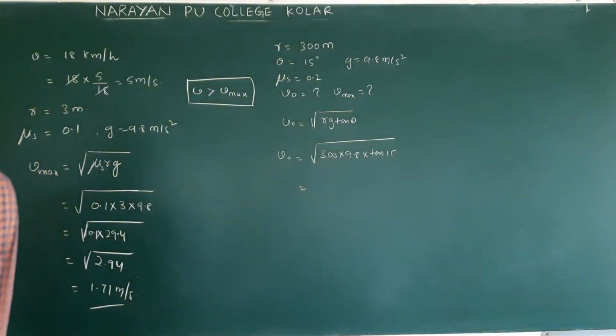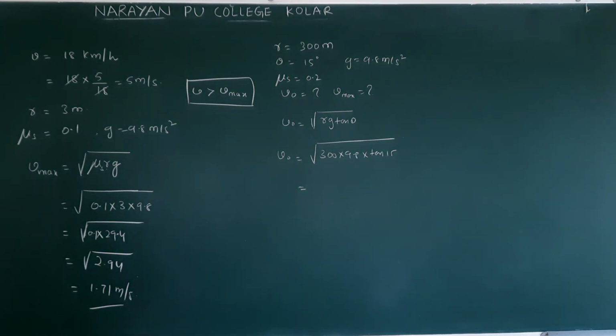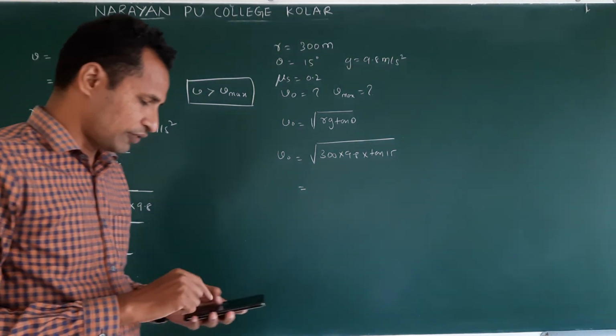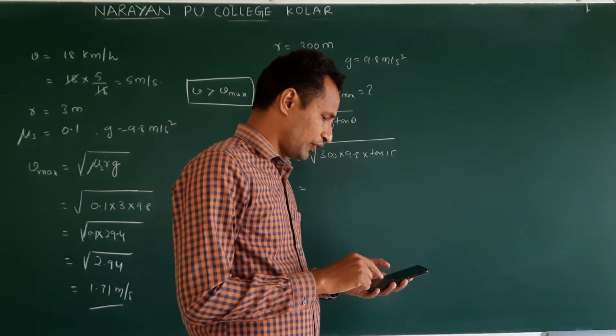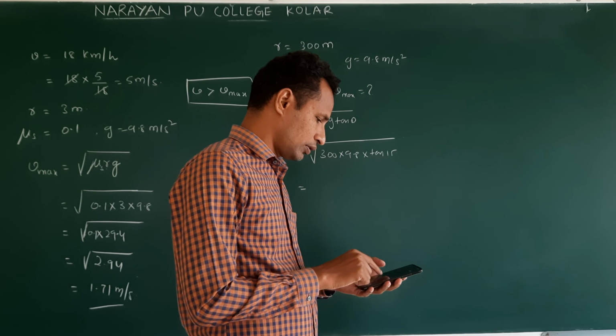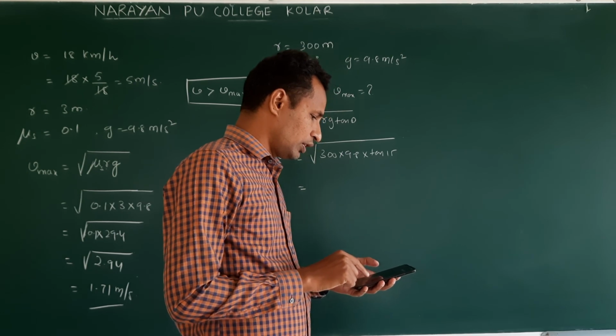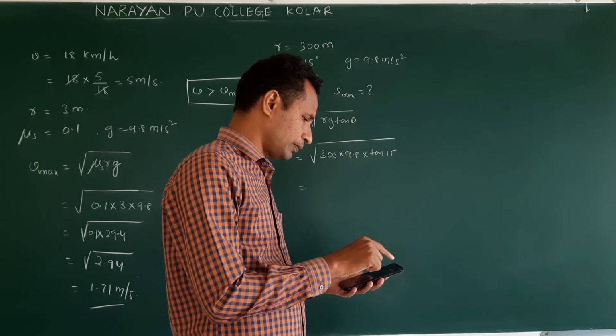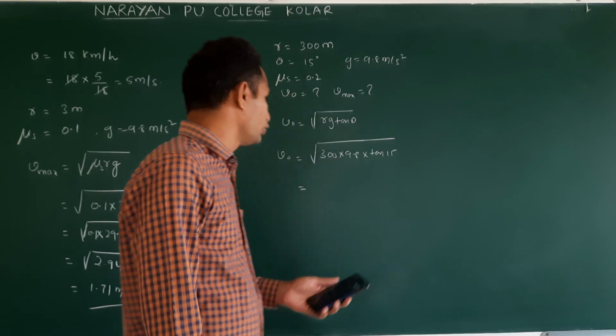The tan 15 value you can find from a tangent table, otherwise use a scientific calculator. Tan 15 is around 0.26.